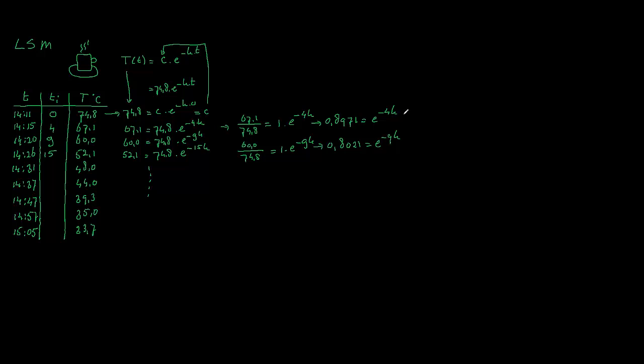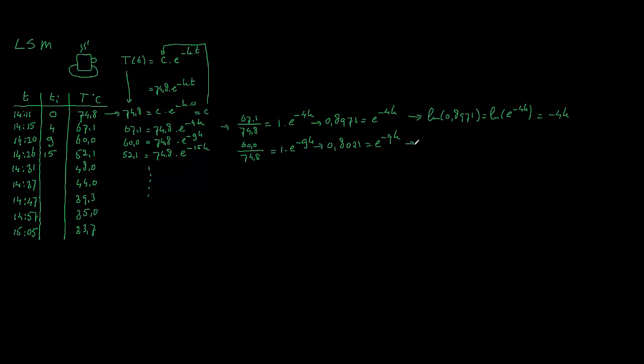Okay, I'm interested in the k value, so what I will do here is take the natural logarithm to the left and the right, so ln 0.8971 equals ln e to the power of minus 4k, but this is minus 4k. So with using the ln, we get rid of the e power and just get the 4k, and we're interested in the decay value. Okay, next one.